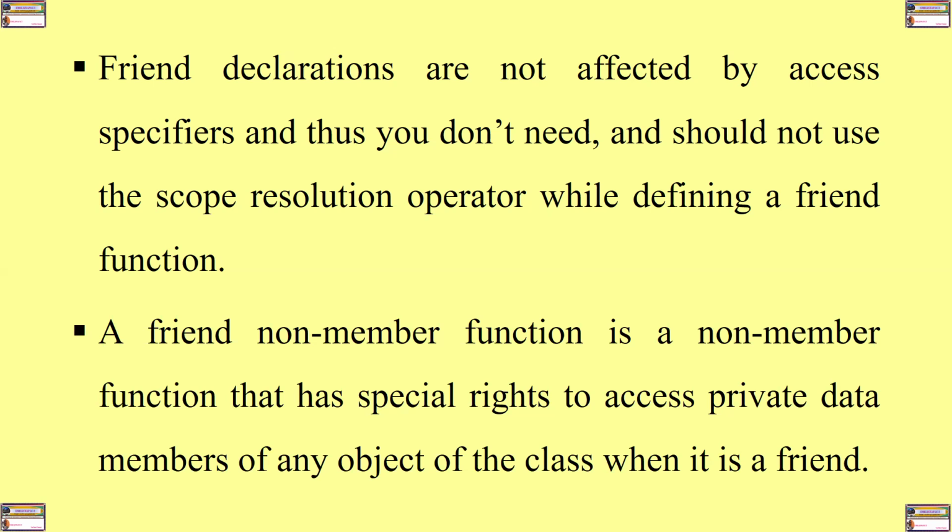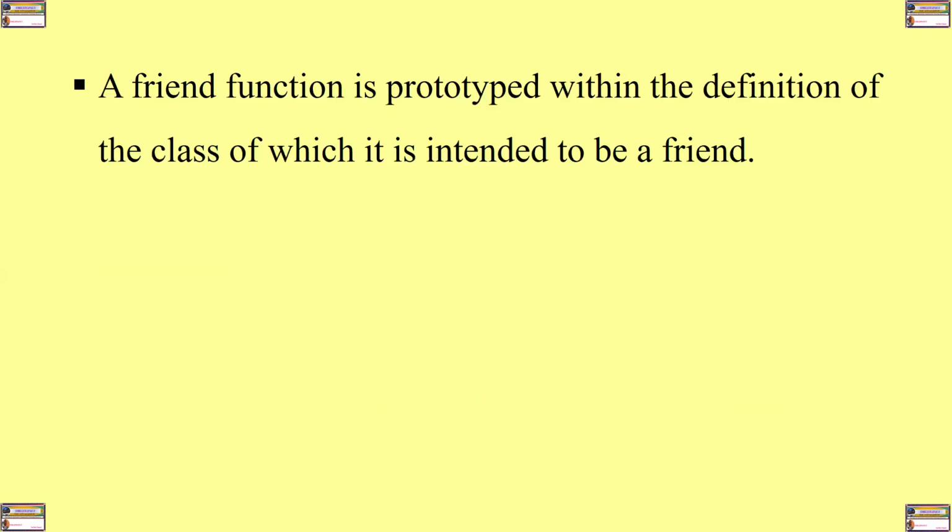Remember, if a function has become a friend to a class, then when this function is invoked, it is able to access the private data members of the class in which it is a friend. And therefore, it also means that the object that is manipulating the class in which it is a friend can be passed to it as a parameter.